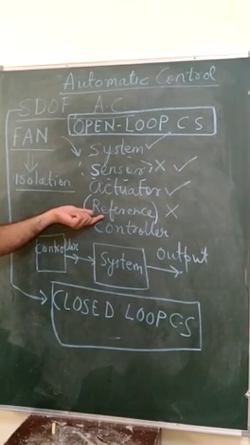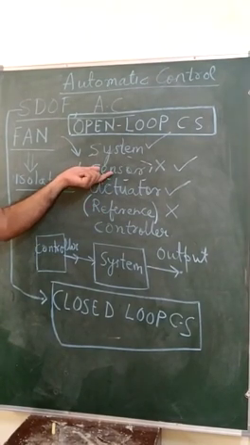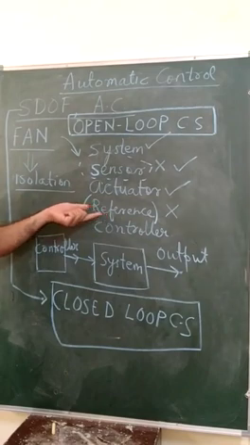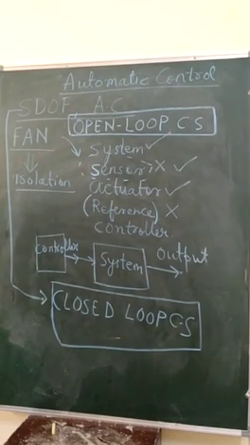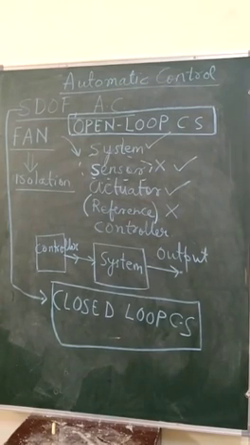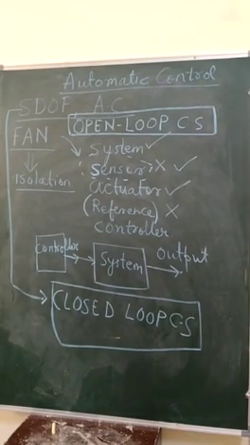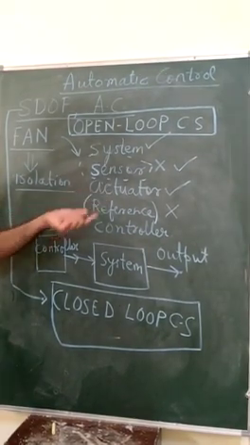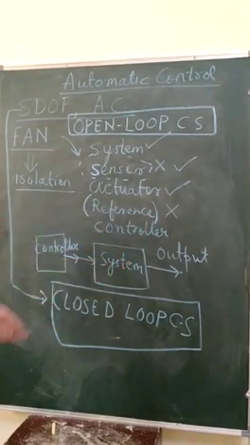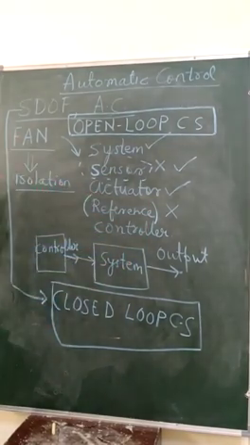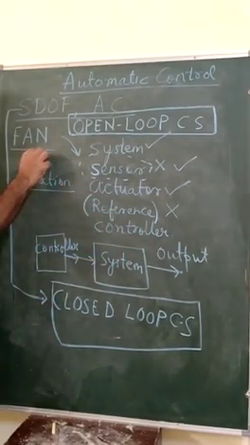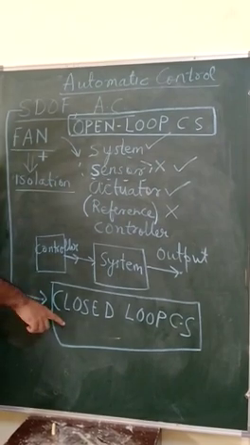So we become the controller also, we become the sensor also. We also have the reference in our minds, and we are the controller. We decide upon the control action. We decide whether I want to increase the fan speed or decrease the fan speed. And then we also are, in a sense, the actuator. We apply the control action. So if you take fan plus the human being operating it, then it becomes a closed loop system.